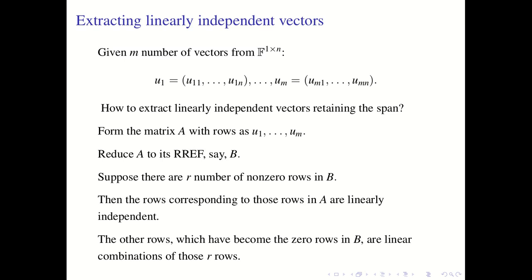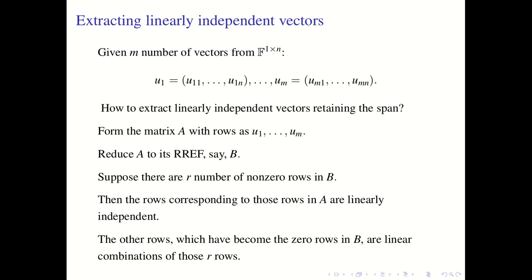The advantage of having linearly independent vectors is that when we look at the span, as we saw in our previous lectures, the linearly dependent vectors do not really contribute to the span, to the information in some sense.